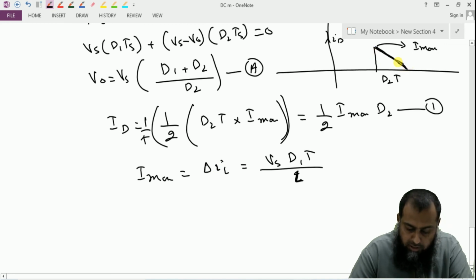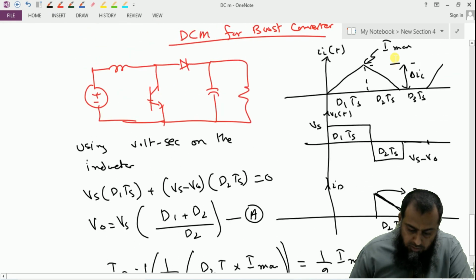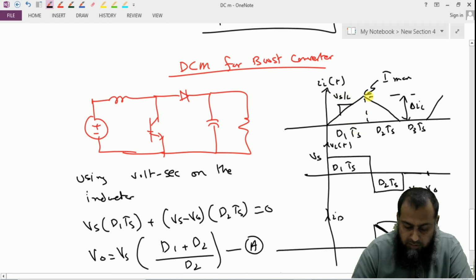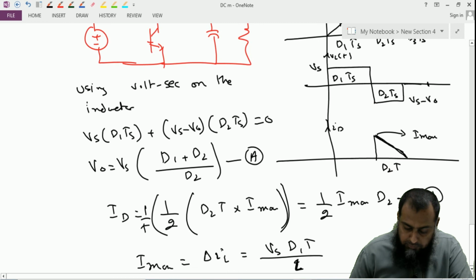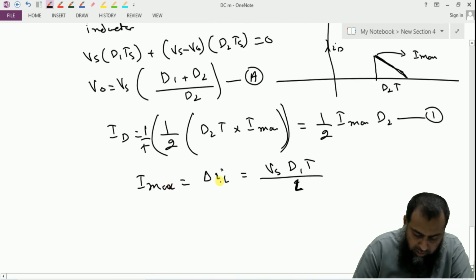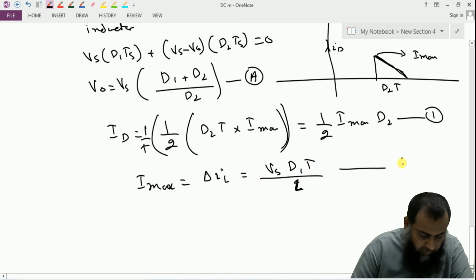If we see this current waveform here, the slope is Vs over L, and if I multiply it with this D1 Ts, I will get the value of the maximum current I max. So here we have I max equals delta IL is equal to Vs D1T over L. So this is my equation number 2.